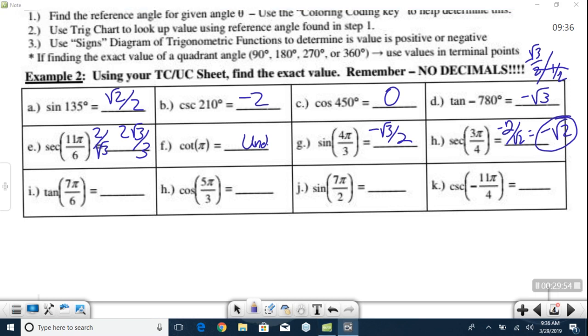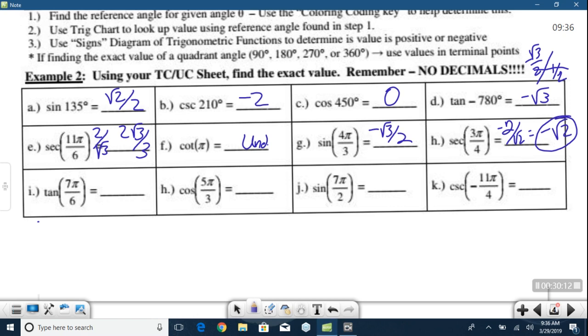All right, tangent of 7 pi over 6. So 7 pi over 6 is where? 210 degrees. So what are your coordinates there? What's your x coordinate?